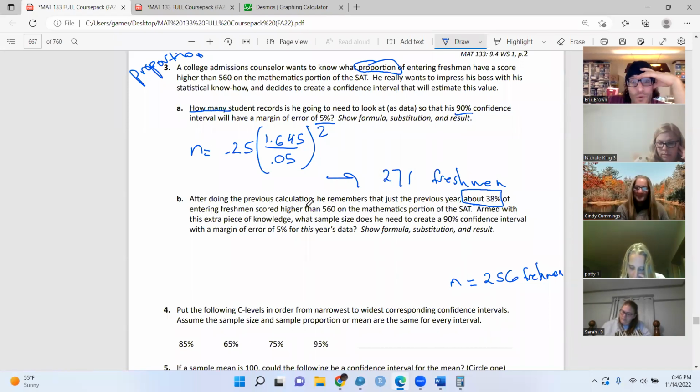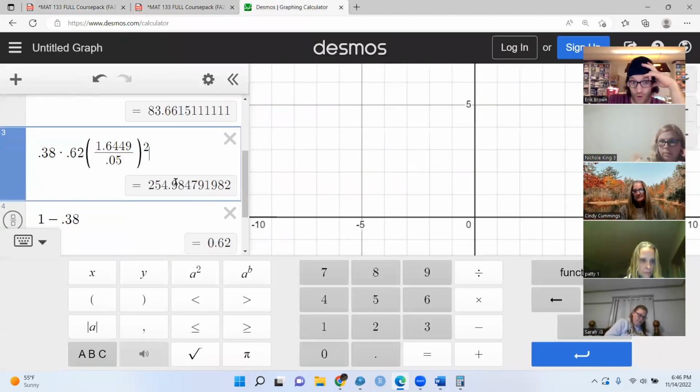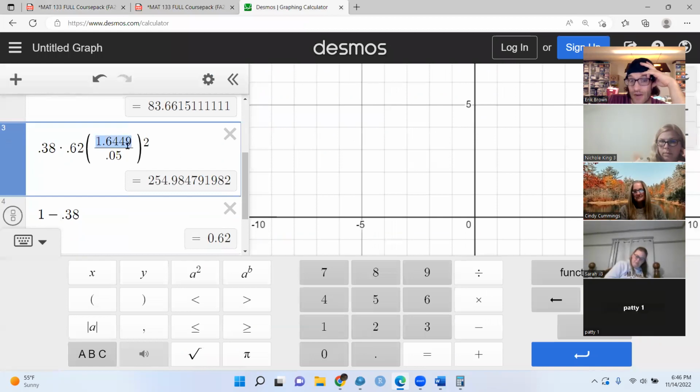It didn't say here what to round critical Z values to. Sometimes we say round your critical value to 3 decimal places, which, if you remember, is kind of what we've been doing all the time. But you're not wrong if you do 1.6449. So yes, show your work. Otherwise, if I'm grading quickly and not paying close attention and I see a 255 and wrong, that's your only answer. But 255 is actually the more correct answer because of the less rounded value here.